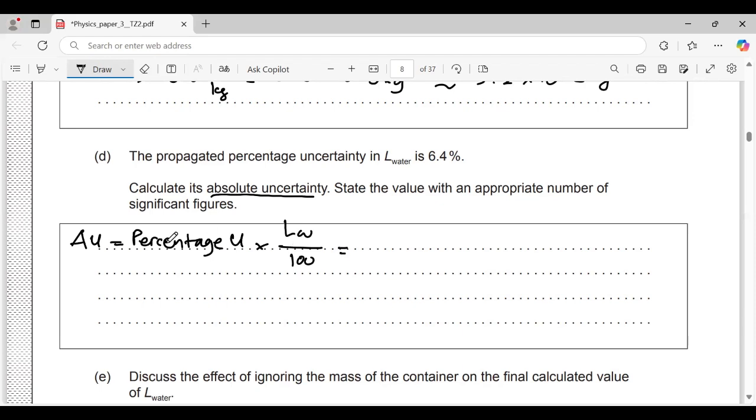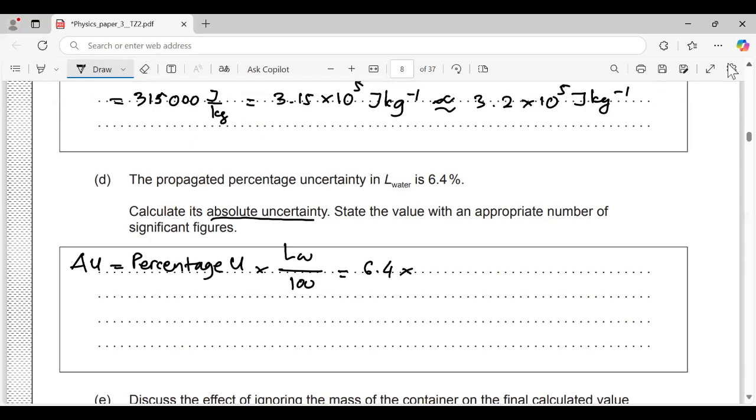The percentage uncertainty is 6.4. L water, we already calculated in the previous calculation, is 3.2 times 10 power 5, over 100.